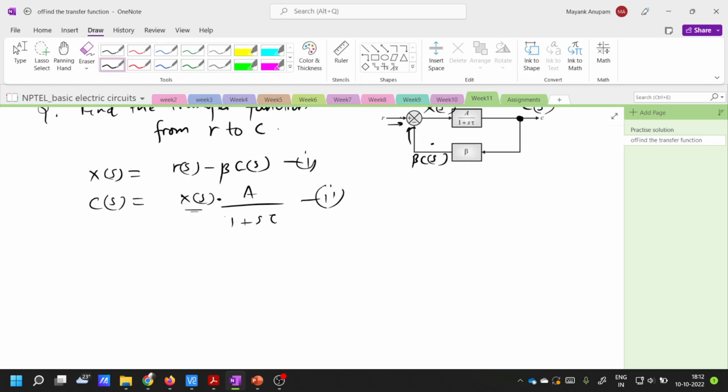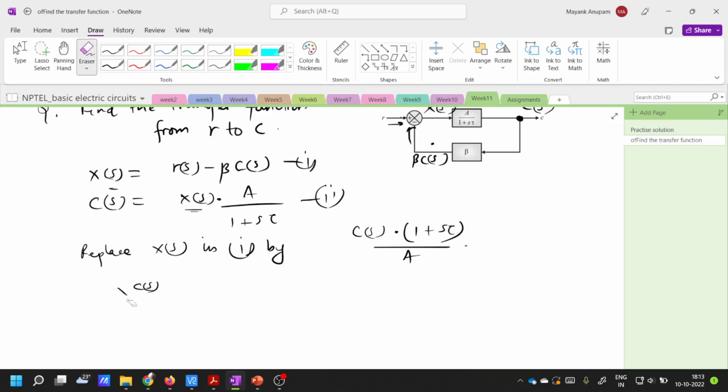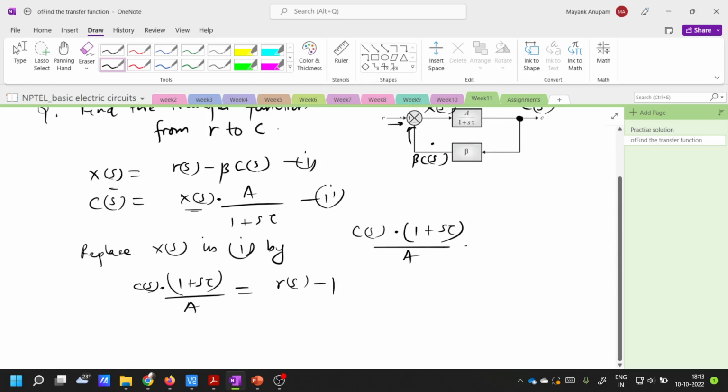So instead of x of s, we place x of s in terms of C of s divided by 1 plus s tau divided by A, right? So if we do that, what will we get? C of S multiplied by 1 plus S tau divided by A is equal to R of S minus beta C of S, right?